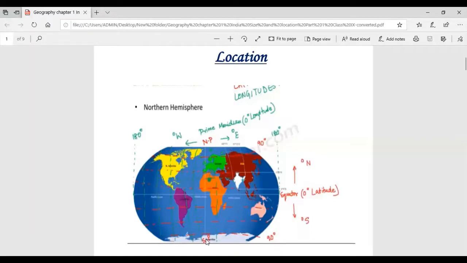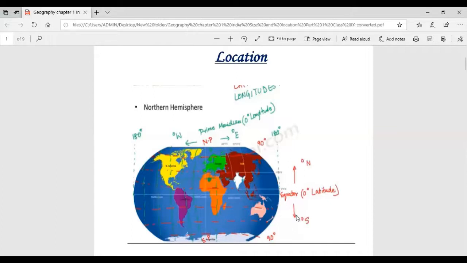The extreme up is the North Pole, and the extreme south is the South Pole. That we all know. As I said, the equator is equidistant from both the poles.